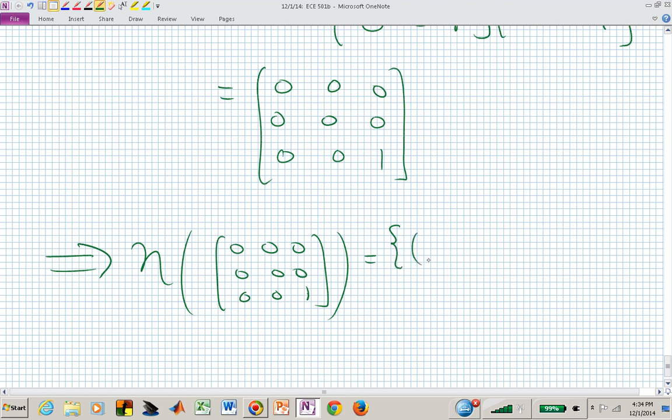I'm going to write it a different way. I can see that Z1 and Z sub 2 could be anything I wanted, and Z sub 3 has to be forced to be 0.